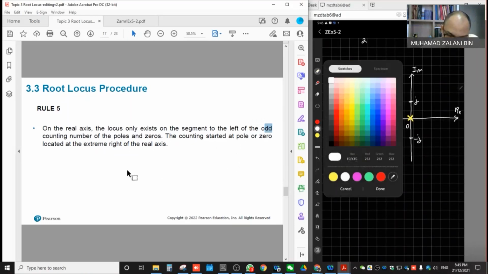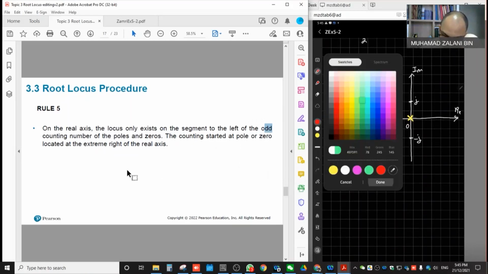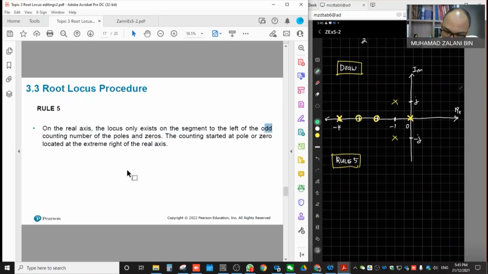Let me draw with green color. Let's pick any point on the real axis, let's say this point. On the right-hand side here, do we have an odd or even number of poles and zeros? This time we have only one pole, so it's an odd number of poles and zeros.